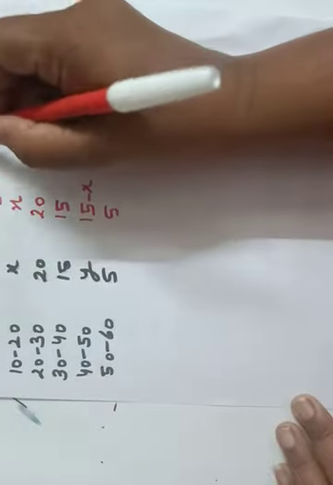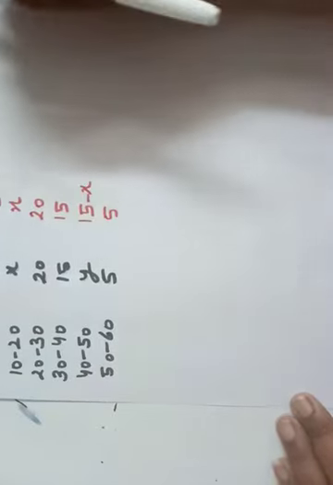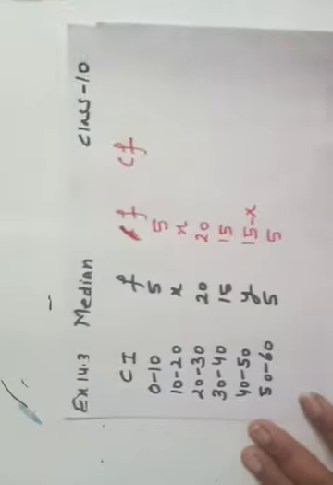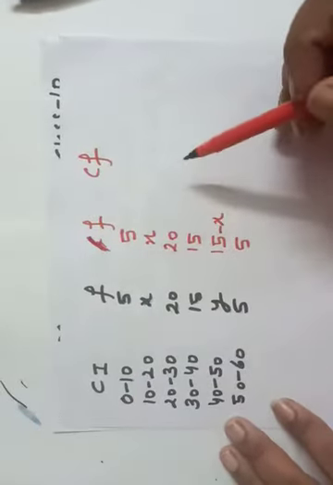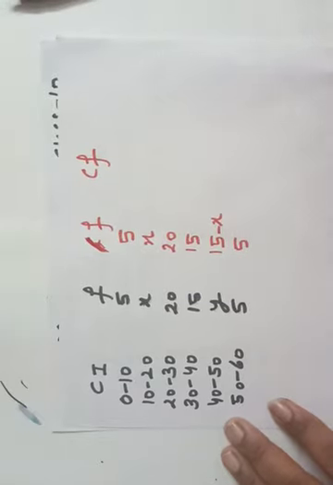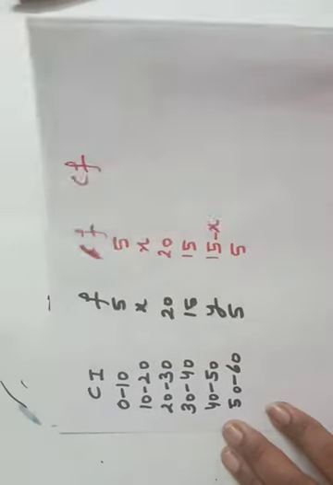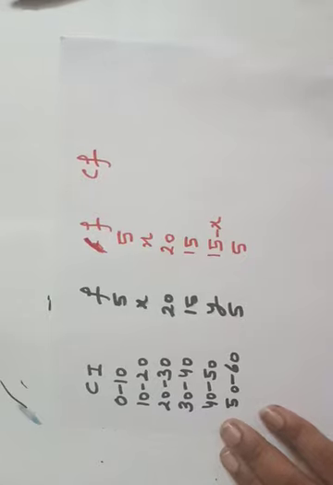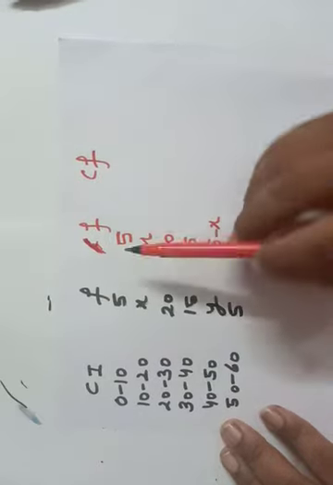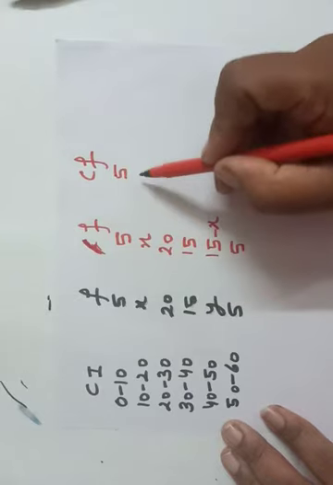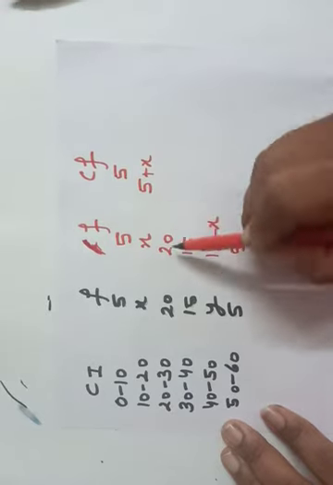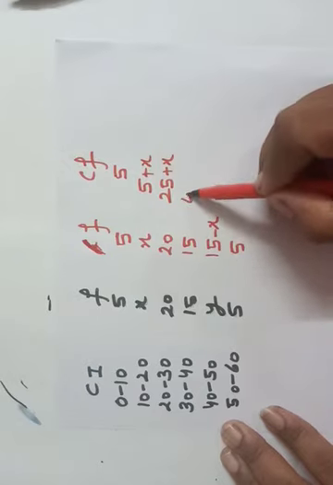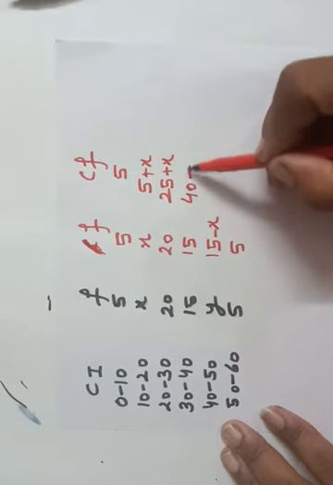Now we will find the cumulative frequency. This is the frequency column, written again, and this is the cumulative frequency that we will find for the table. We add: 5, then 5 plus x, then 25 plus x, then 40 plus x.